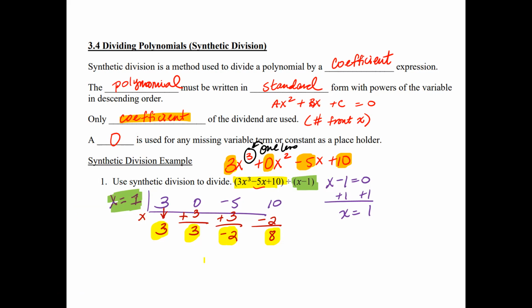You see how that highest power is cubed? So your answer is 3x squared plus 3x minus 2, plus your remainder, 8 over x minus 1. And this, you guys, is your answer. You write it out exactly how it is, except you just do 1 less exponent.